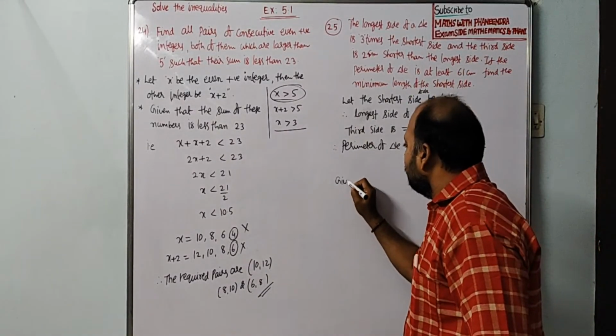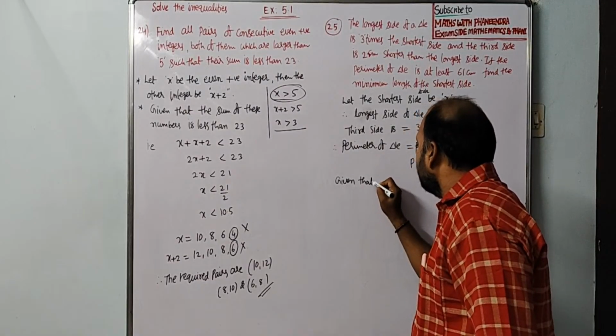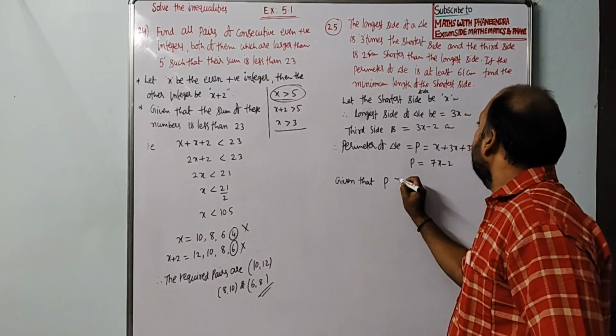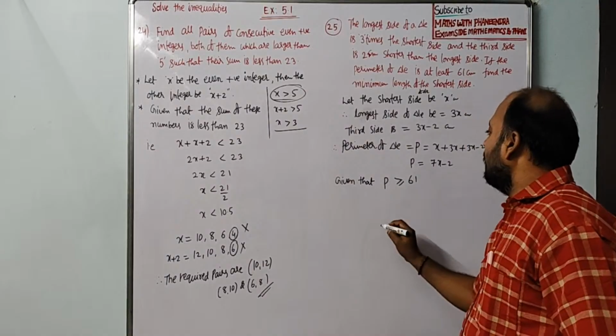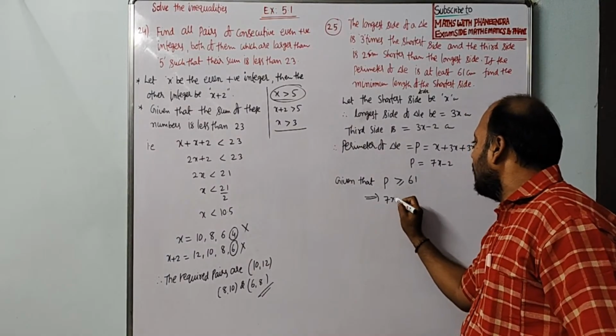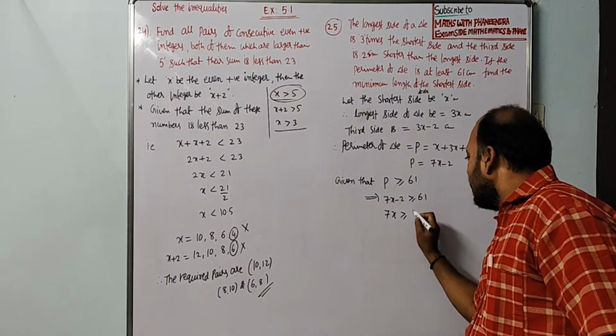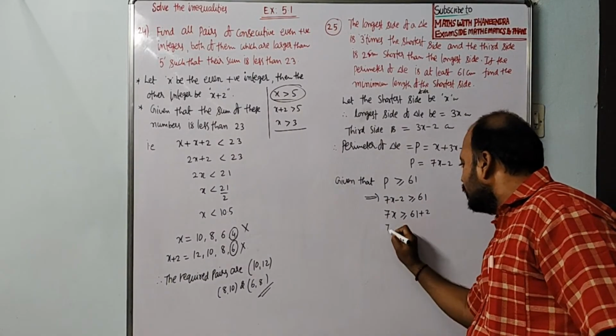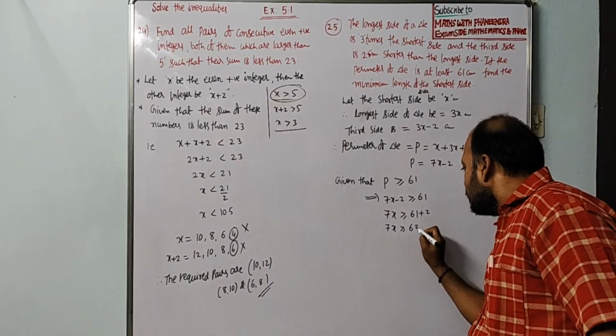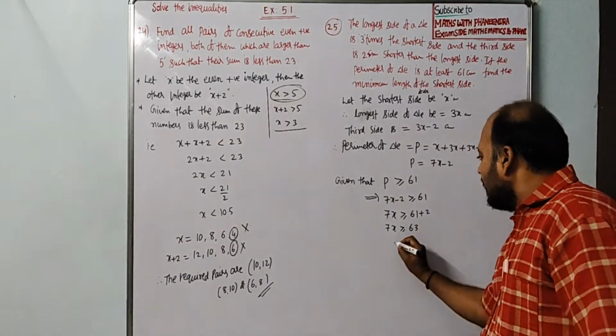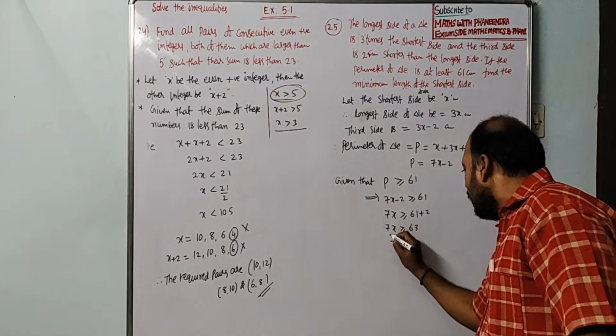Given that, P is greater than or equal to 61, that implies 7x minus 2 is greater than or equal to 61. 7x is greater than or equal to 61 plus 2. 7x is greater than or equal to 63. So x is greater than or equal to 9 only.